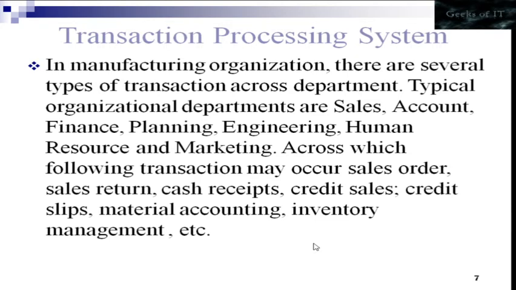The main objective of a transaction processing system is to answer routine questions such as how many of a specific device or a specific thing were sold today, how much inventory do we have at hand, what is the outstanding due for a specific customer or a specific supplier.